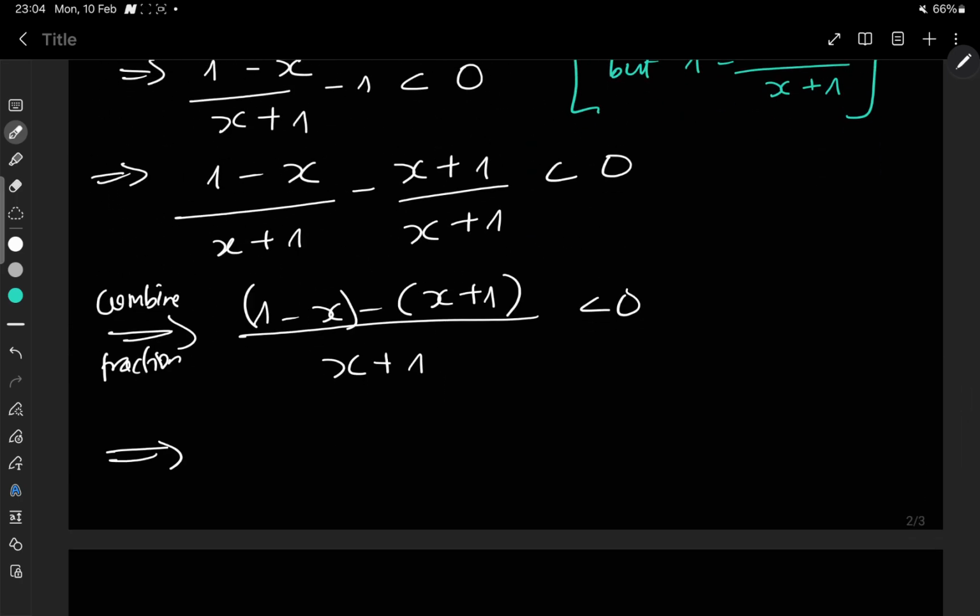Further simplification, simplifying the numerator, you're having 1 minus x, minus times x is going to give us minus x, minus times plus 1 is going to give us minus 1, all over x plus 1, still less than 0.